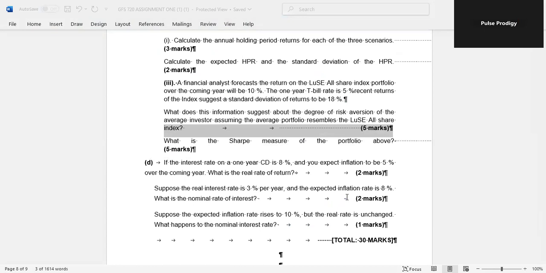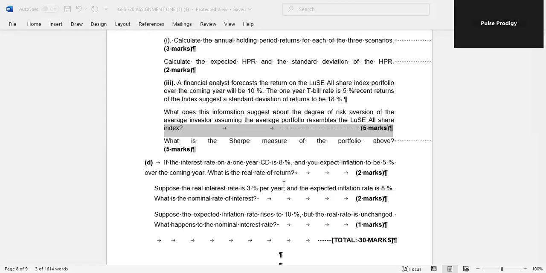And inflation rate is how much? What's inflation rate? 5%, sir. 5%, okay. And what is the real interest rate? So meaning they have given us the nominal rate of 8% and inflation rate of 5%. They want us to find the real interest rate.